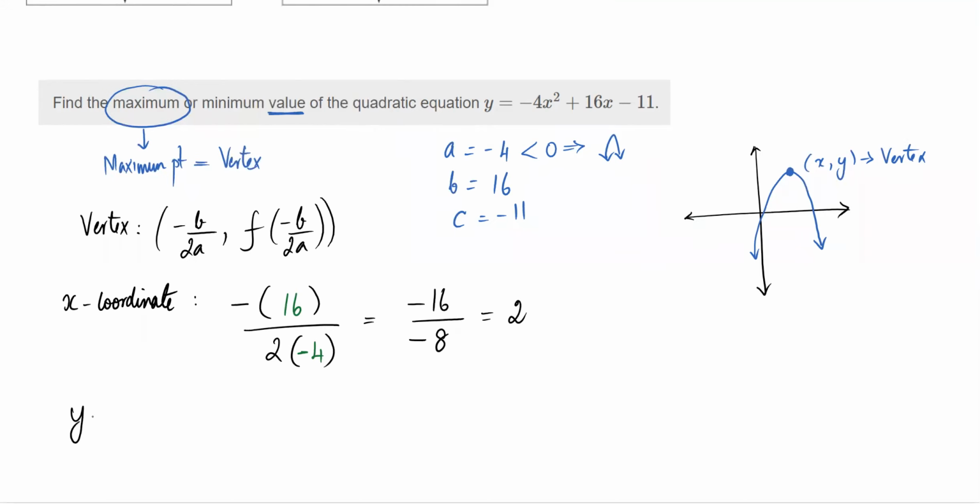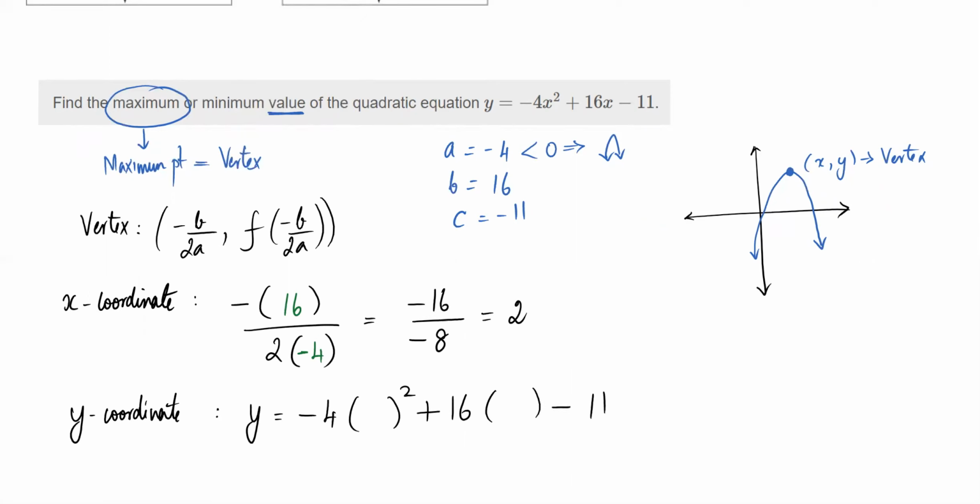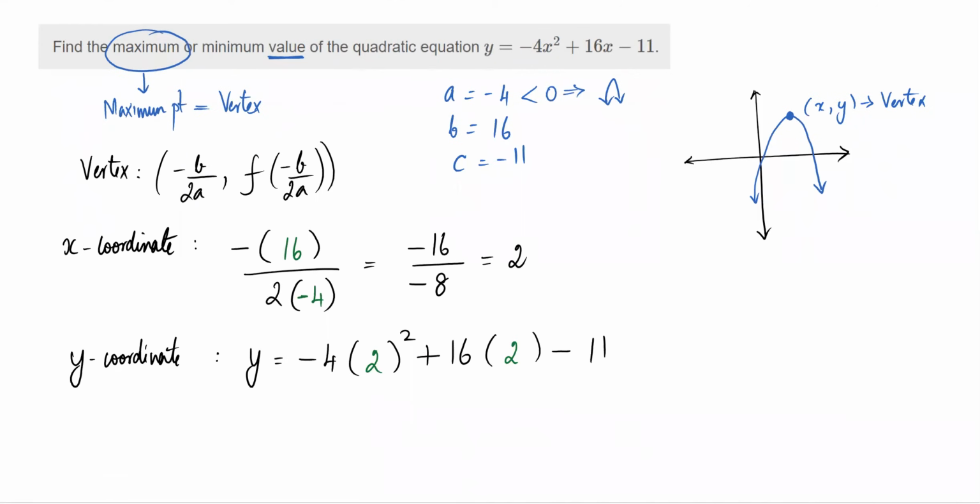Okay. Y coordinate of the vertex is this 2 plugged in the equation. So y is -4x squared plus 16x minus 11, and then let's plug in 2 in all those places. Again, don't race ahead, do it systematically because we use PEMDAS in all of these. So 2 squared, you have to do the parentheses and then the exponent first.